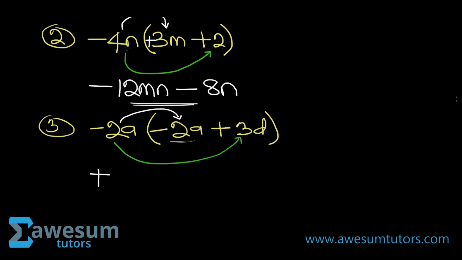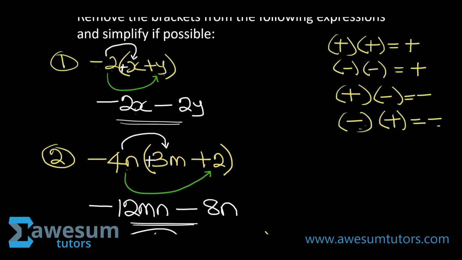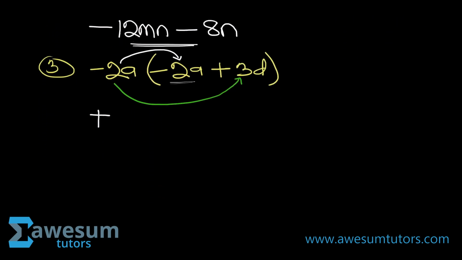Remember, we mentioned that right here. Negative times negative gives you positive. Okay. So in that case, we have negative times negative, positive. 2a times 2a, that is going to be 4a squared. Okay, that's that about that.